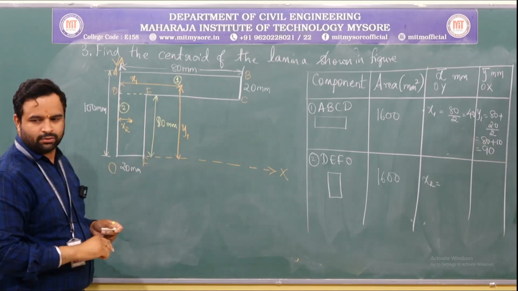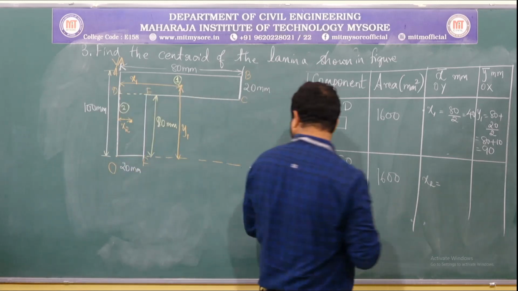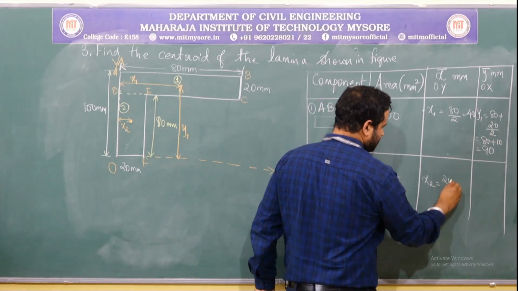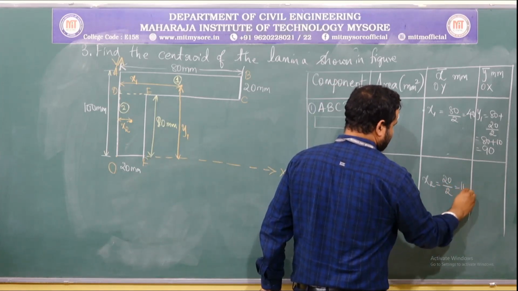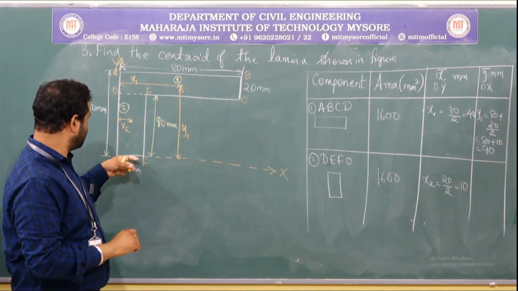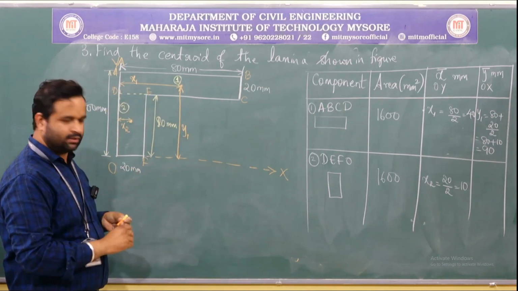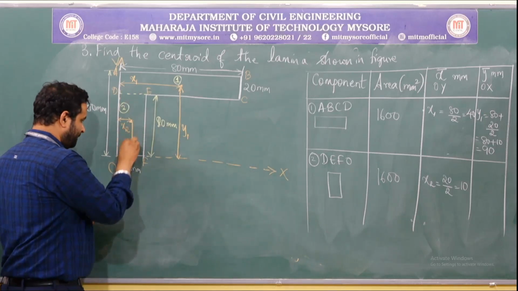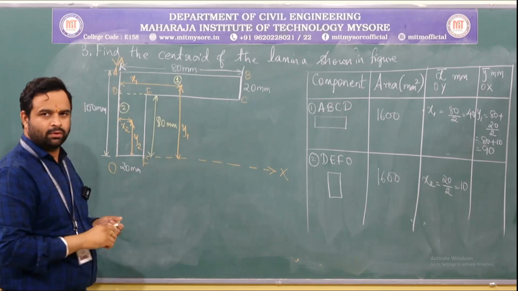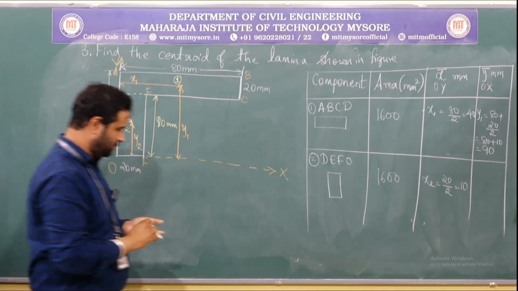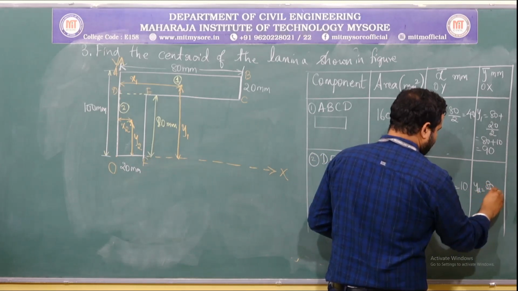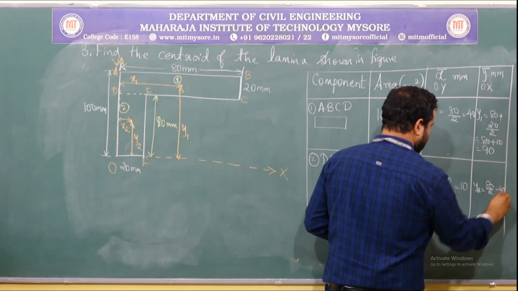So this will be equal to half of 20, which is 20 by 2 equals to 10. What about y2? Coming to y2 with OX axis, this is y2. 80 divided by 2 is y2, which will be equal to 80 by 2 is equal to 40.